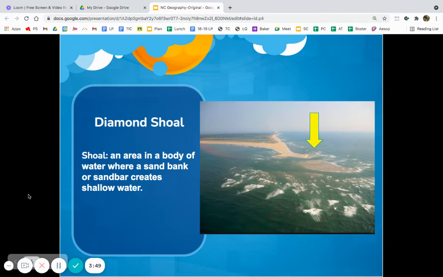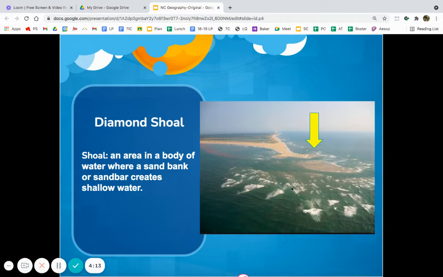This is a shoal. If you look right in here, you can see that the sand has formed a sandbar or a sandbank underneath the water. I'm going to read the definition for you. A shoal is an area in a body of water where a sandbank or sandbar creates shallow water.